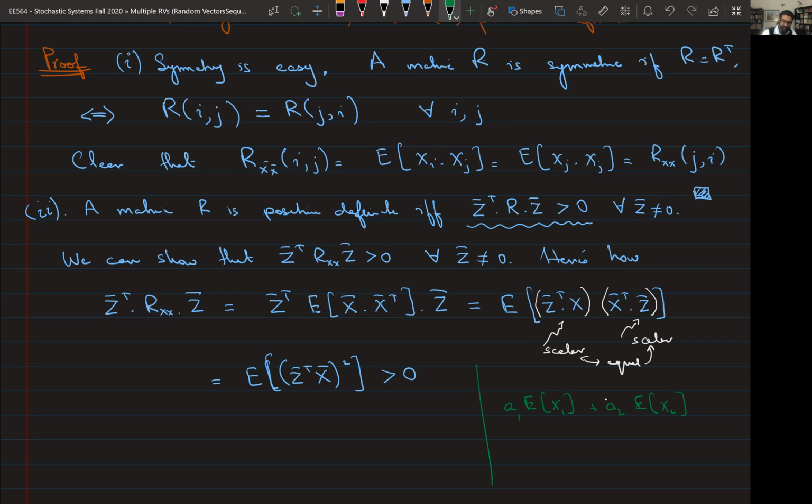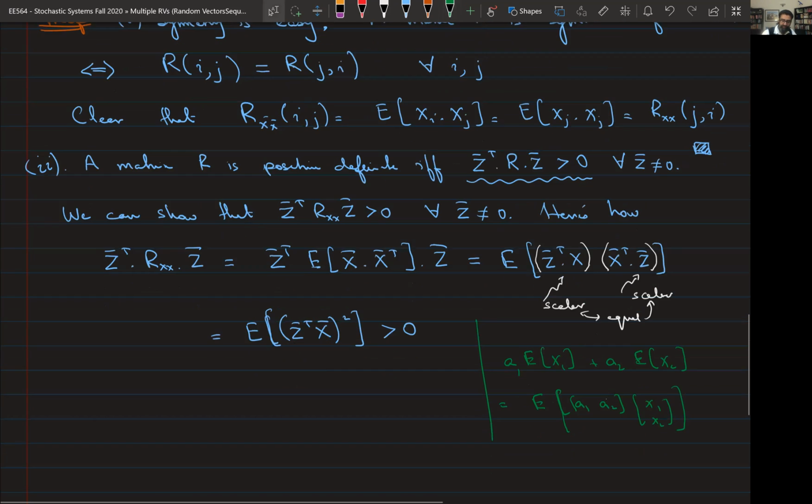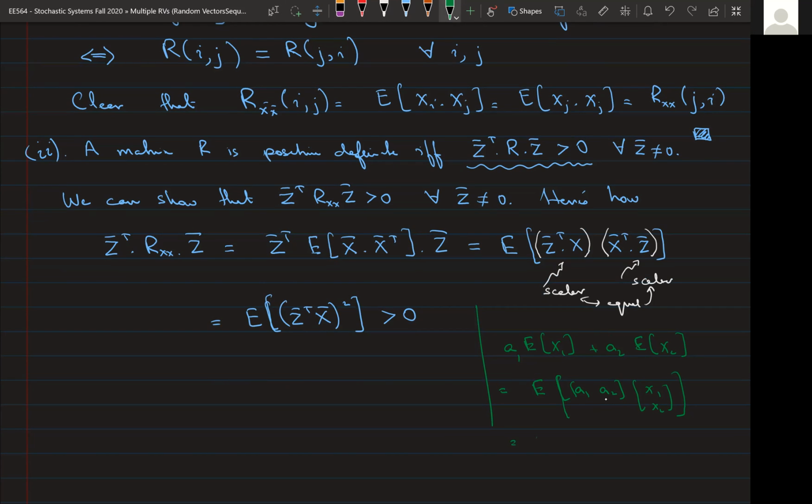I can say this is actually equal to the expected value of a1, a2 times x1, x2. This is going to give me exactly the same result.